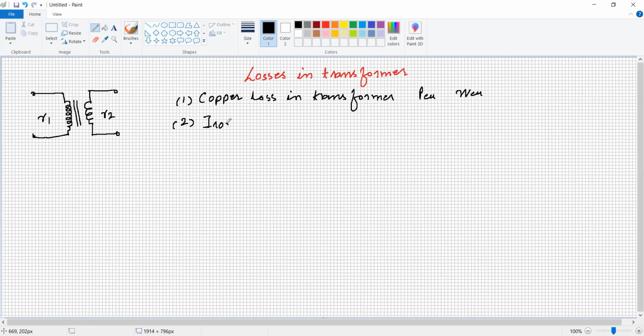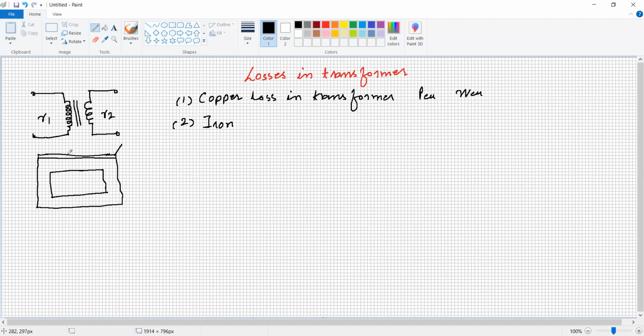Iron loss again does not mean that the iron is physically lost. There is an active power loss in the iron structure. Whether it is a core type winding or a shell type winding, the core is made up of thin laminated strips.